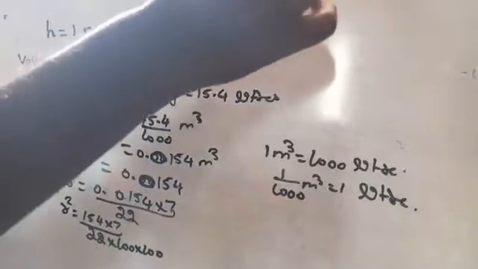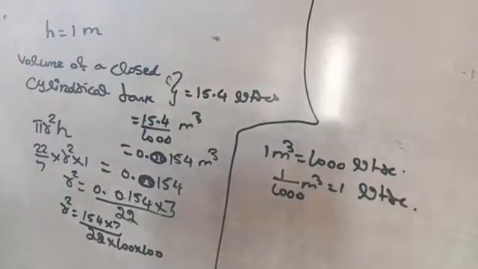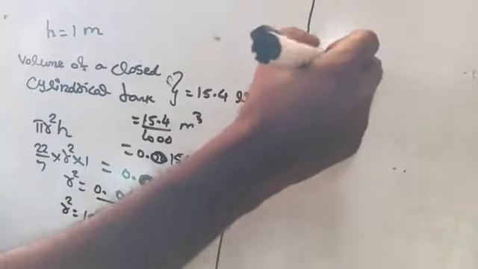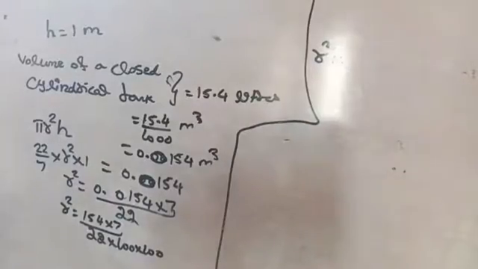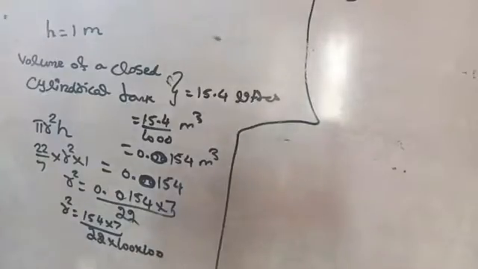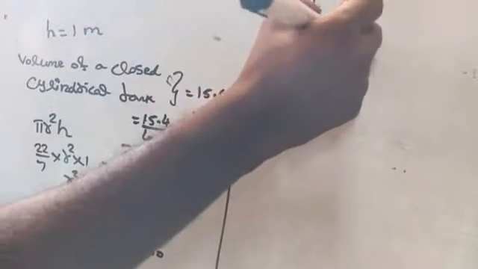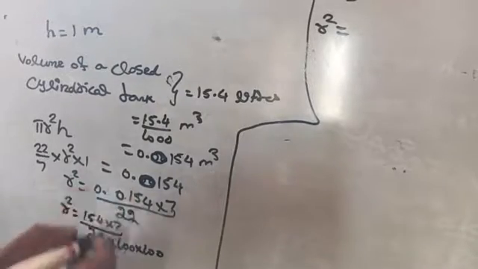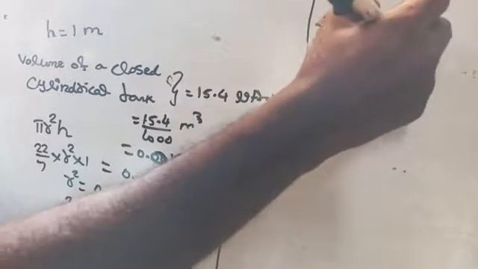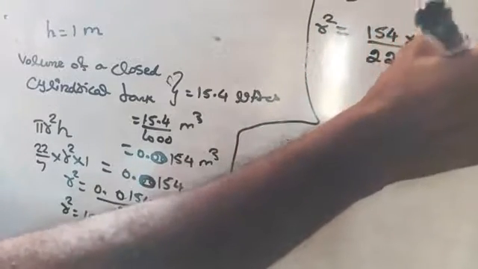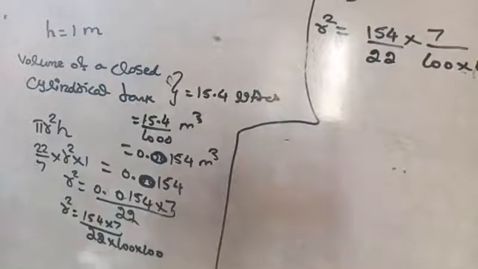Now again, r square is equal to 154 by 22 into 7 by 100 into 100.